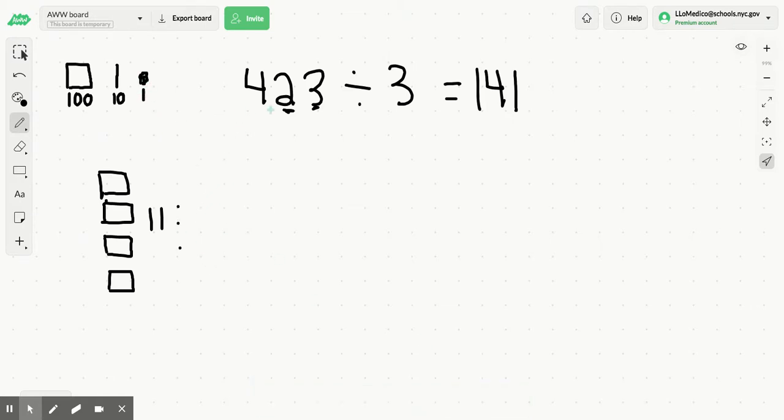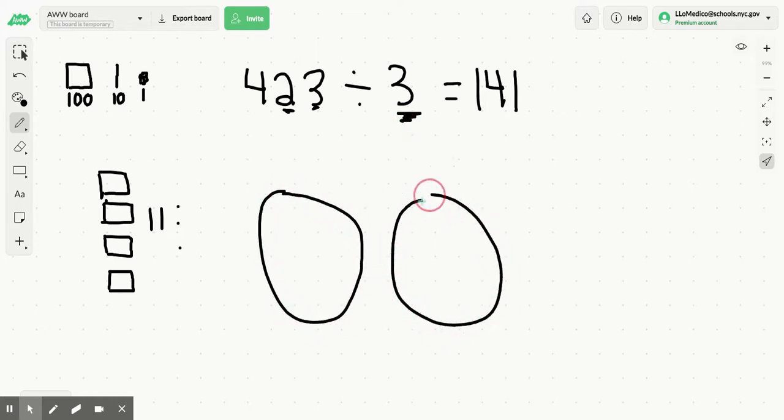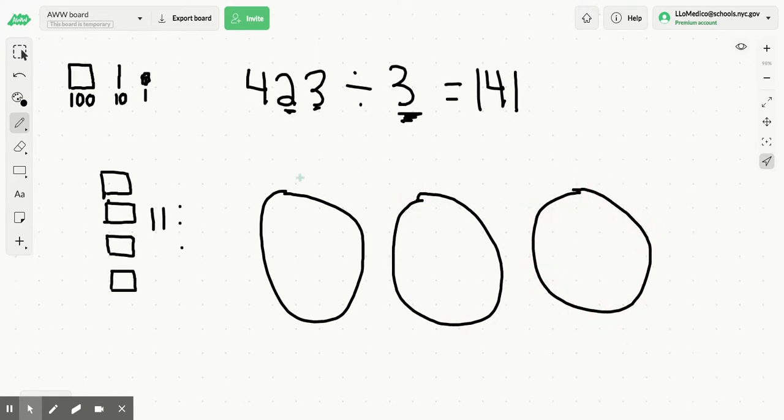Now, we need to divide 423 equally into 3 groups. So I'm going to make 3 big circles to represent each group. Now that I've done that, I'm going to go ahead and distribute the hundreds. Okay, we always want to start with the largest place value of the dividend.